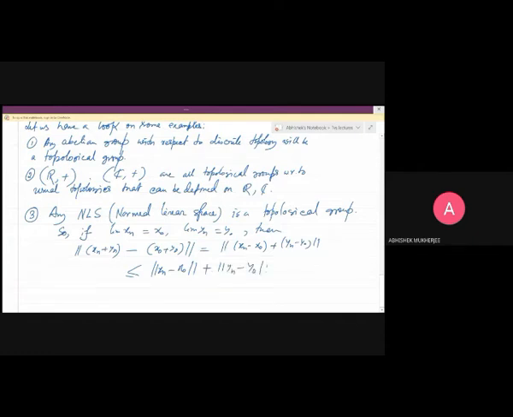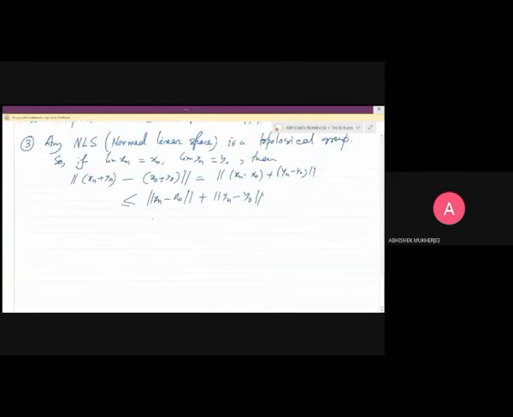So using the triangle inequality, you will see that this tends to 0 as n approaches infinity, right? So that means the limit of xn plus yn is x naught plus y naught. So this proves that addition is continuous, right?